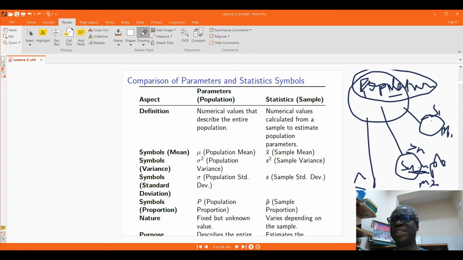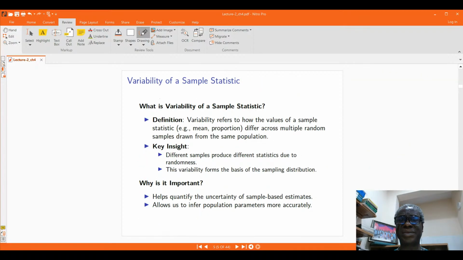Parameter values describe the population, whereas the sample statistics just describe the estimates from the sample. So that leads us to variability of a sample statistic.